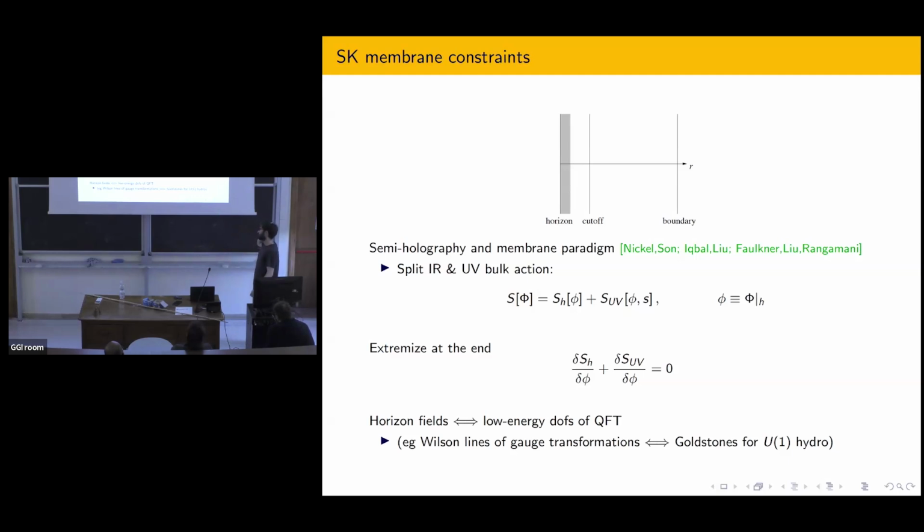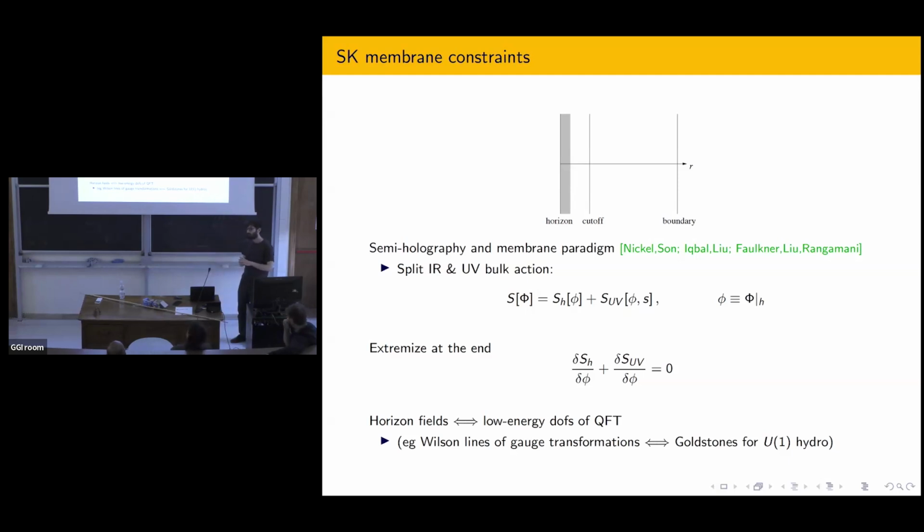So, yes? The bulk action is an integral from the horizon to the boundary. I'm just splitting this in two parts, from r_h to r_h plus epsilon, and r_h plus epsilon to the boundary.